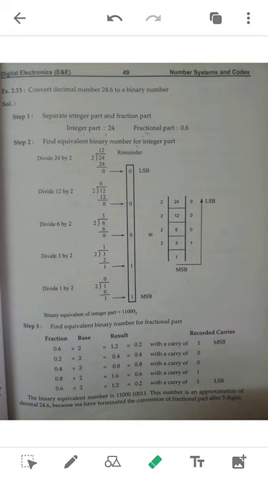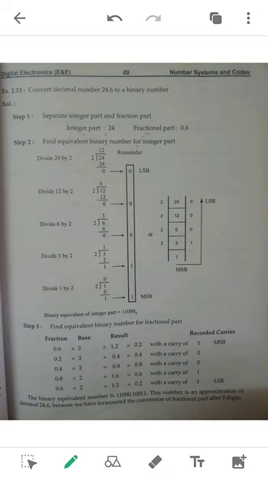What we are doing here, we have to separate the integer part and the fractional part. So 24.6: 24 you have to make separate, that is called the integer part, and the fractional part is 0.6. That is the first step, separation.